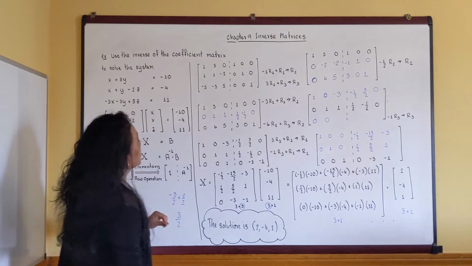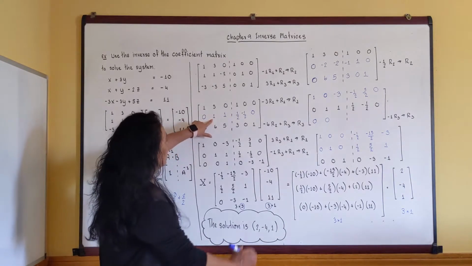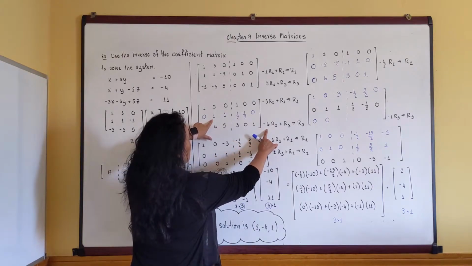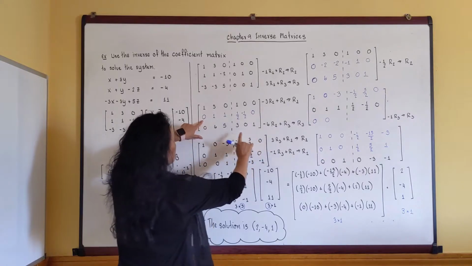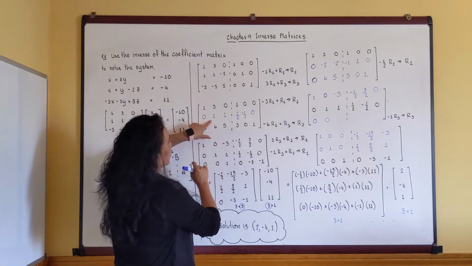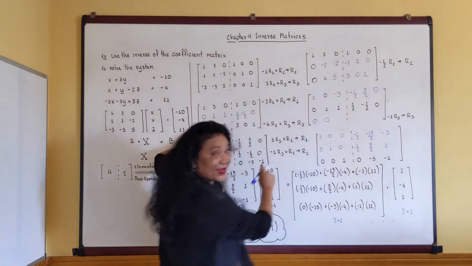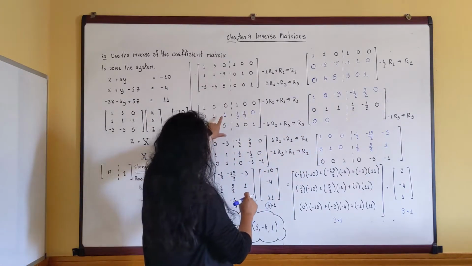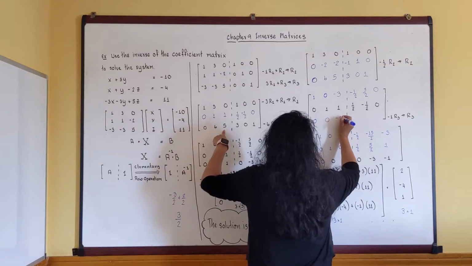Alright? So for me to have 0 there, I need to have negative 6 here. So I'm going to multiply the second row by negative 6, add to the third row. Alright? So this is going to be 0 and 0. This one is going to be negative 6 and 6. I get 0. That's what I want. Negative 6 and 5. I should get negative 1.